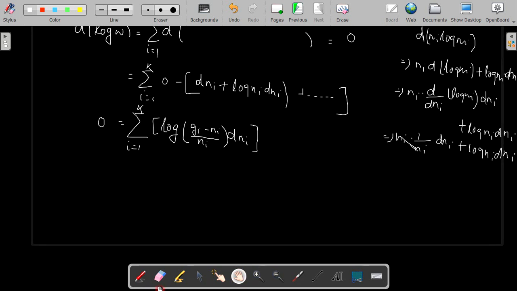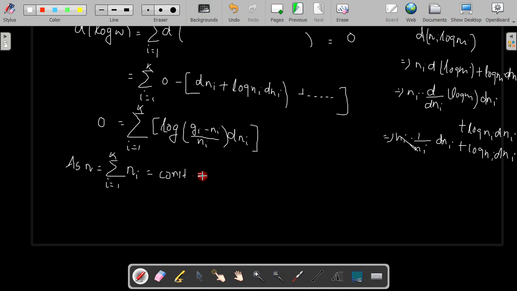In a similar way, you are going to get two more terms. The number of particles is constant, we said, as N, which is equal to the total number of particles. That means I take n_1 plus n_2 plus n_3 and add them up, so the sum of n_i is equal to a constant.